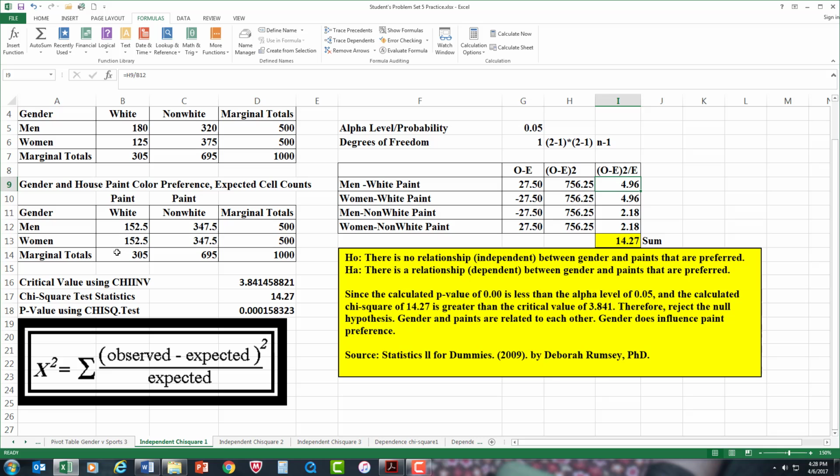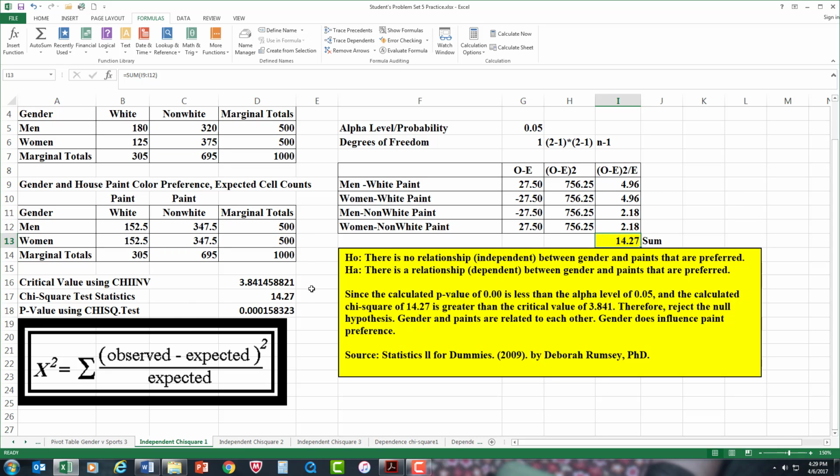Find B12, and there it is right there, the expected. So if you do it for each one, you can, again, click into the cell and see the actual formula that I used. And then once you finish doing that, all you need to do is total up the column here. This is for the total chi-square, and you come up with your chi-square test statistic.